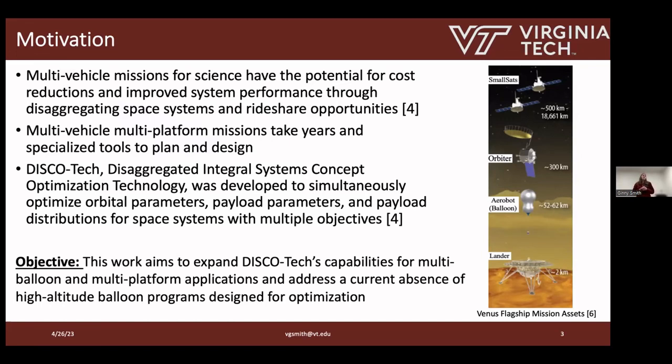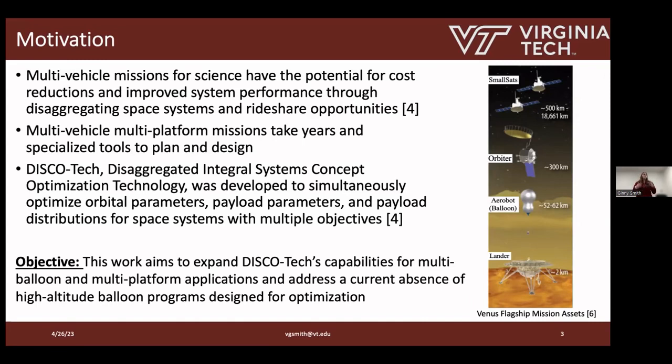So what I'm going to be talking about in this presentation aims to expand Discotech, this tool that we have in-house, to be used for multi-balloon and also multi-platform applications.